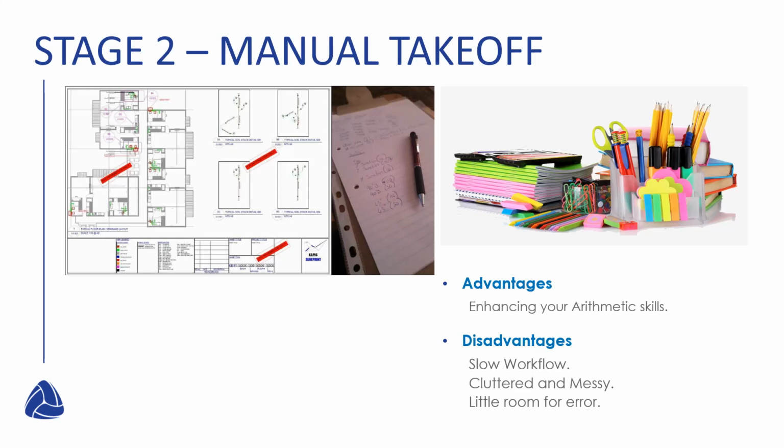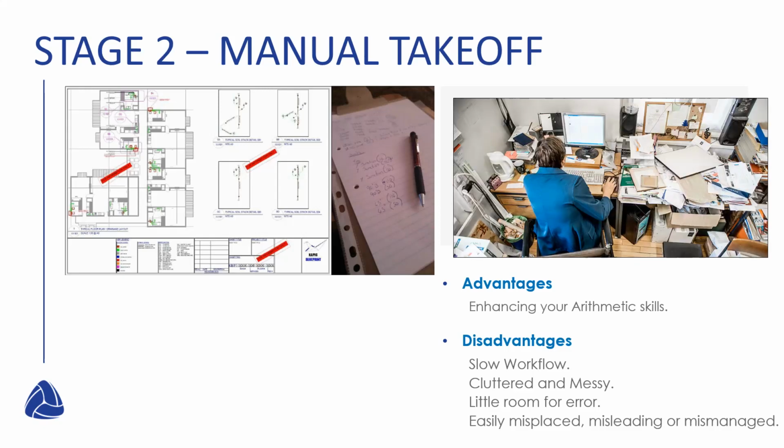And then finally, those three legendary M's are back: misplaced information, misleading information, and mismanaged information. So essentially what you're looking at is this: a cluttered, messy workflow environment. You can't do much within this environment. In actual fact, you're constraining yourself.